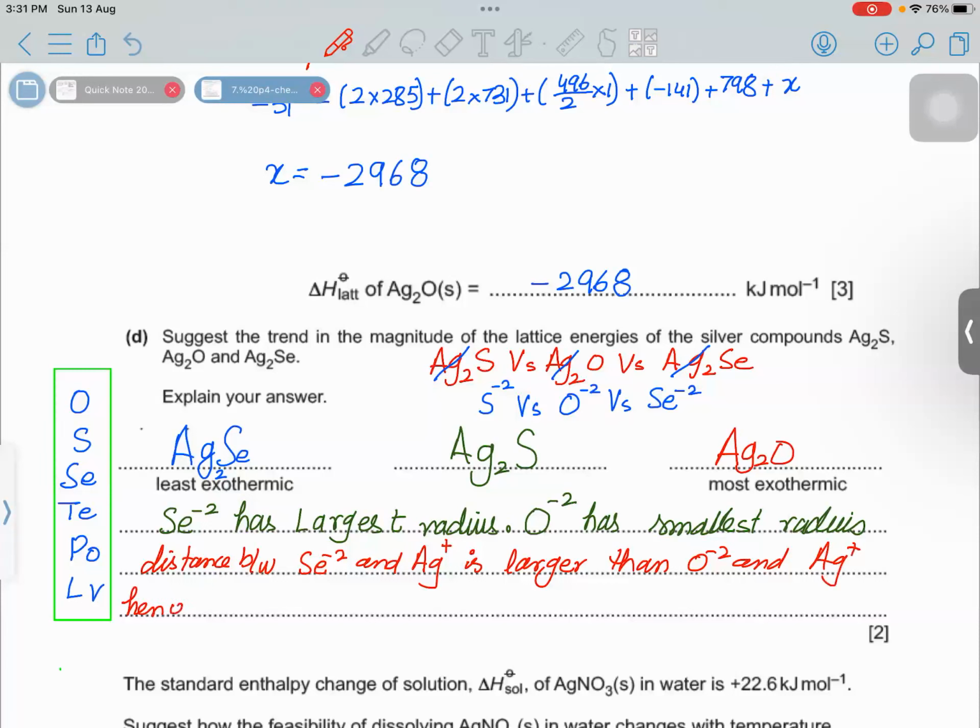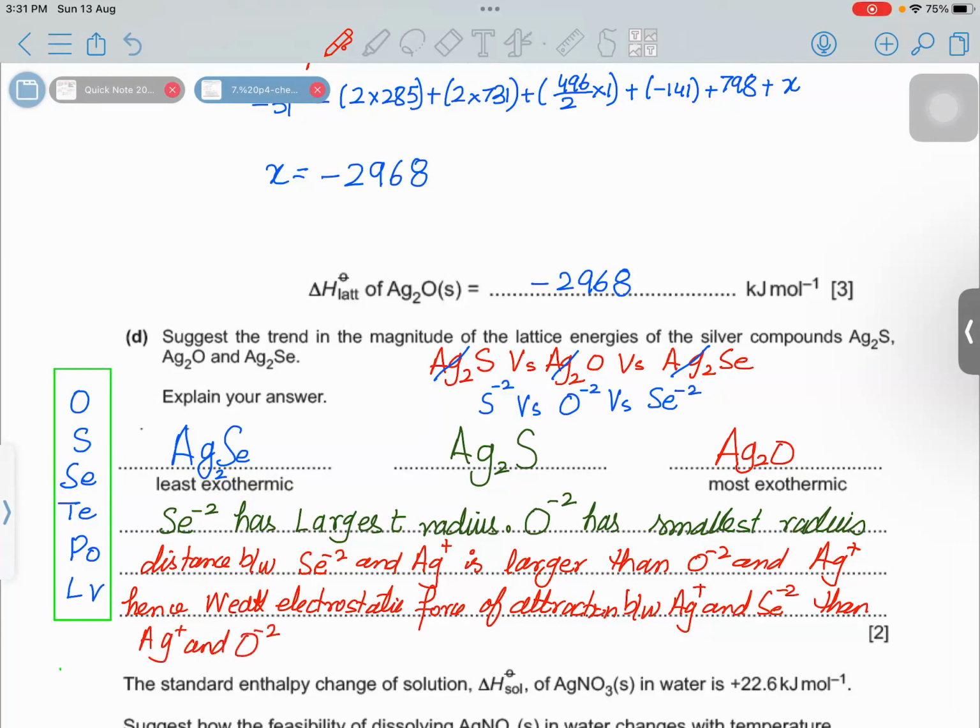Hence, there is weak electrostatic force of attraction between Ag positive and selenium negative, then between Ag positive and O minus 2.